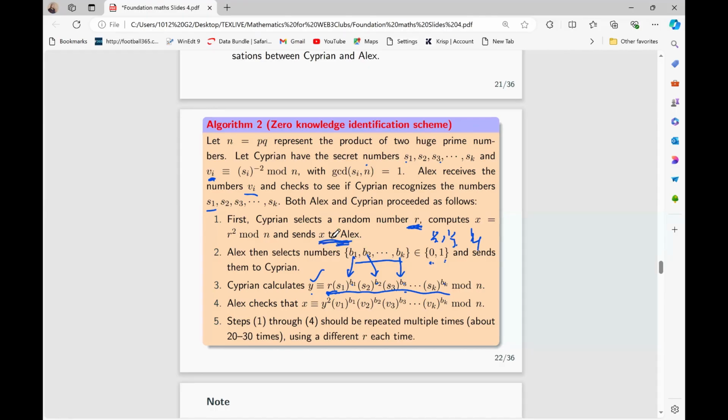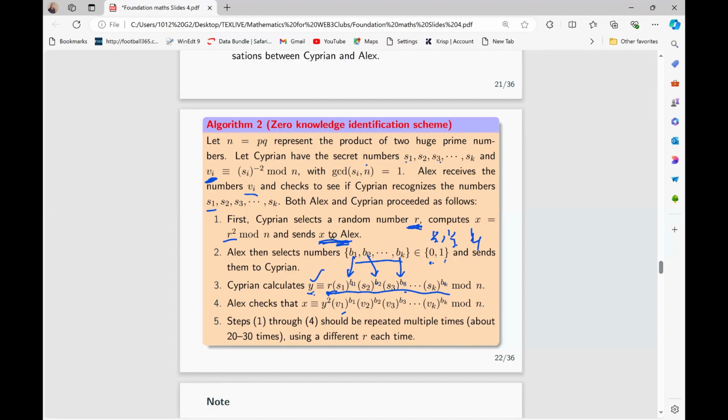It was the square of R. So Alex now gets this Y, wants to confirm whether taking Y, squaring Y, and multiplying by the V's you had sent him, V1, V2, V3.